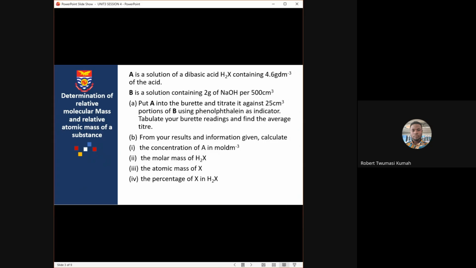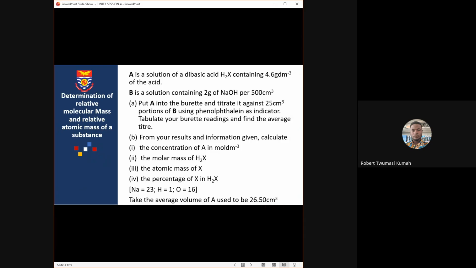And there's a process there for us to go through. What are we finding? Concentration of A in mole per dm cube, which we will always find anyway, whether we are asked or not. The molar mass of the dibasic acid, the atomic mass of X, and the percentage of X in H2X.